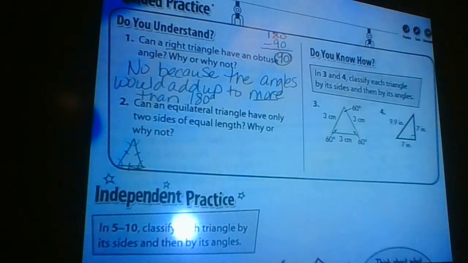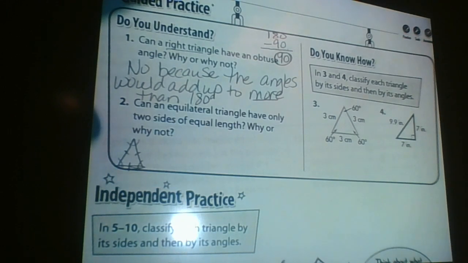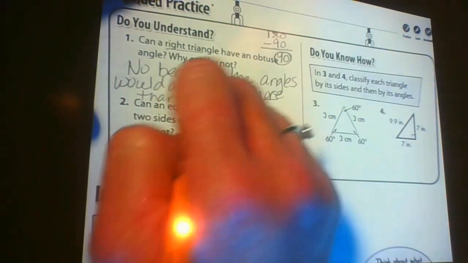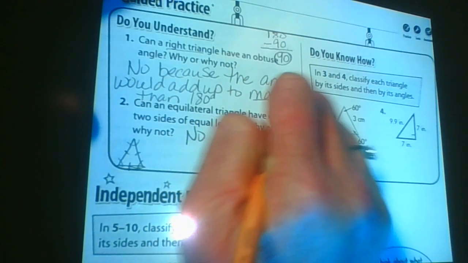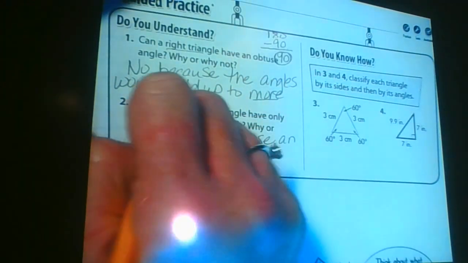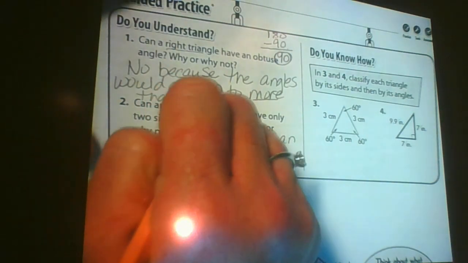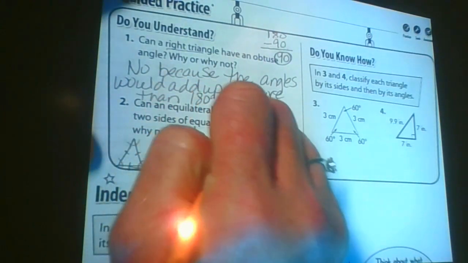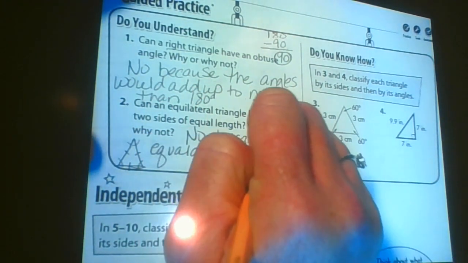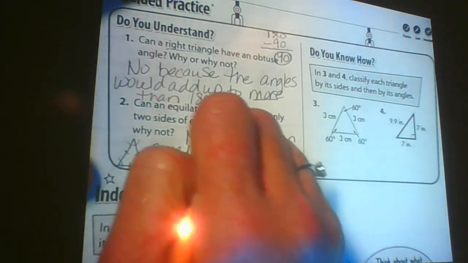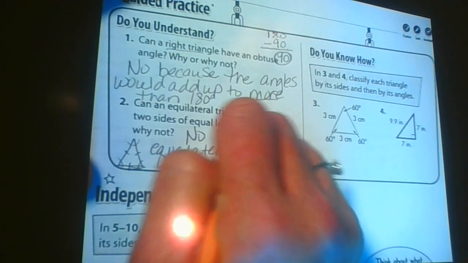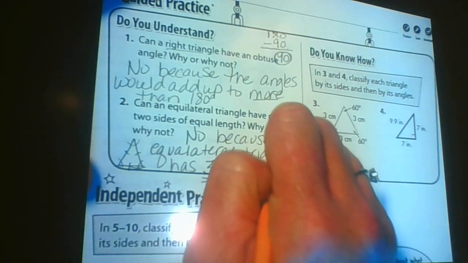So, can an equilateral triangle have only 2 sides of equal length? No, because an equilateral triangle has 3 equal sides.